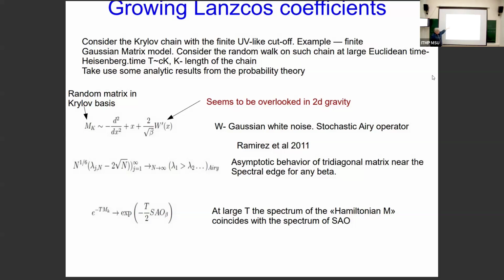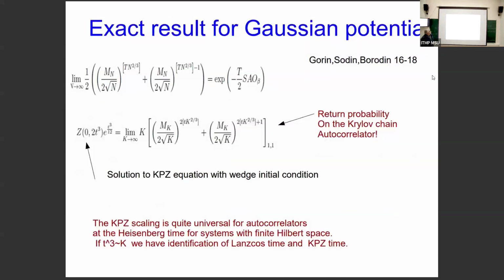This is this guy. So we have the Airy operator with a stochastic term, and there is a strict mathematical result that relates the late time, that is the large T behavior of the powers of matrices, with the stochastic Airy operator. It is an exact result.